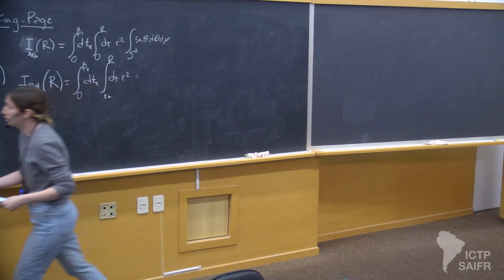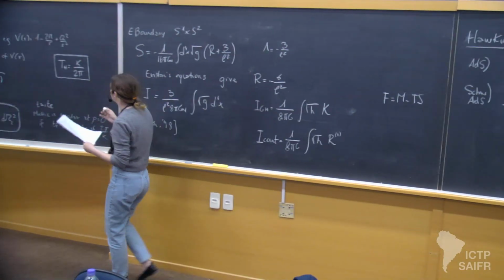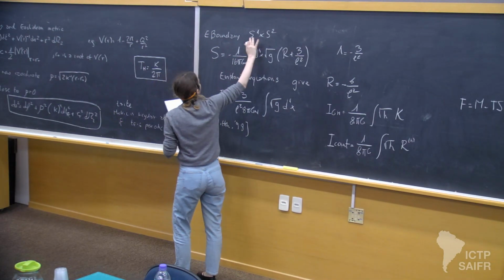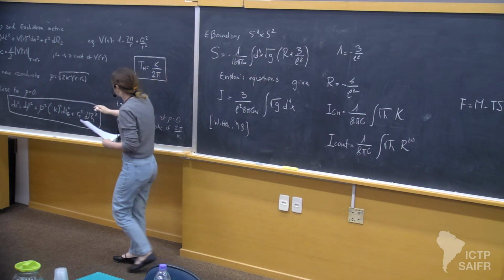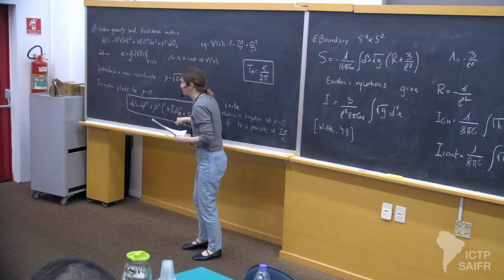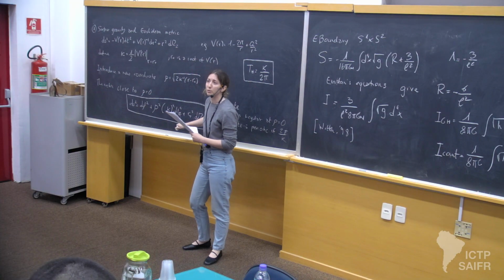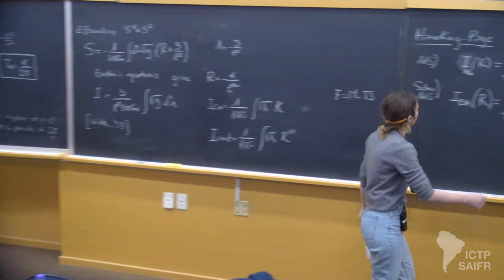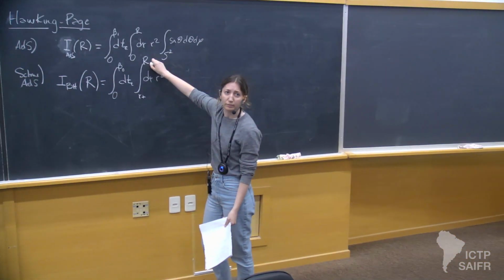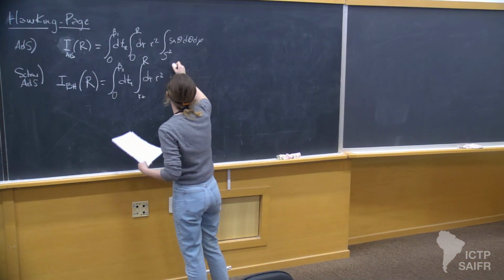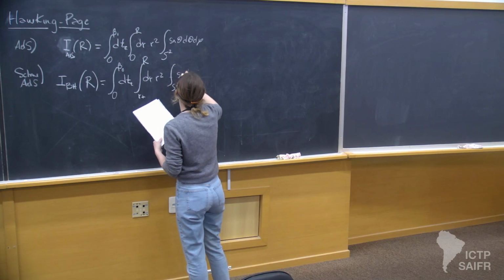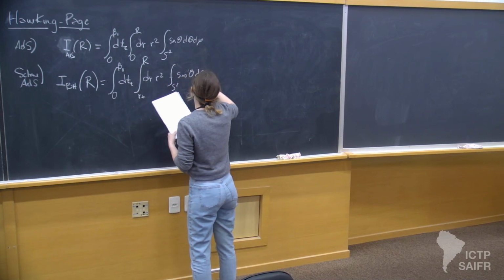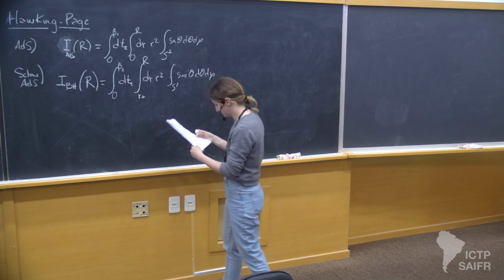Our Euclidean black hole has a specific boundary, S1 times S2, and it caps off as flat two-dimensional space at R equals R plus. That's why the limits of integration for the black hole go from R plus to big R. Then again you have the integral over the sphere, which is the same.